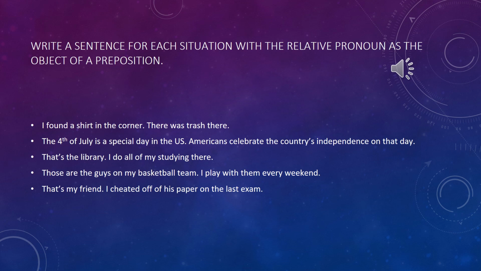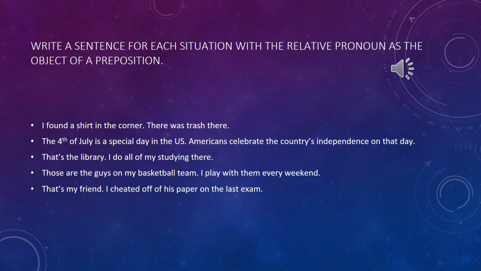So, the 4th of July is a special day when Americans celebrate the country's independence in the United States. Or, the 4th of July is a special day on which Americans celebrate the country's independence in the United States.